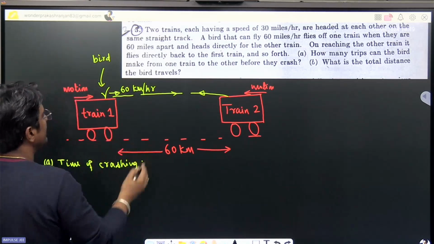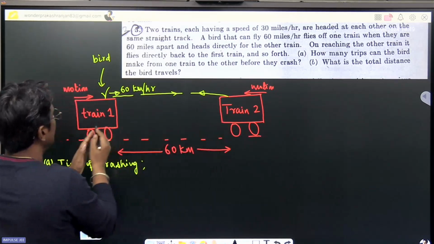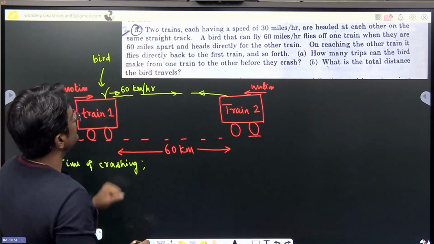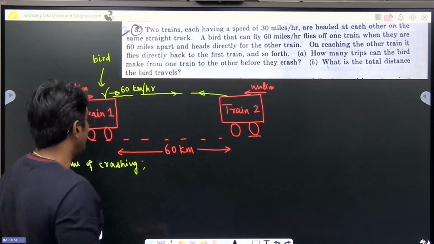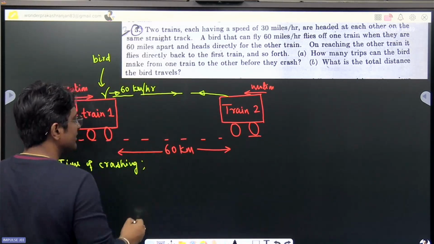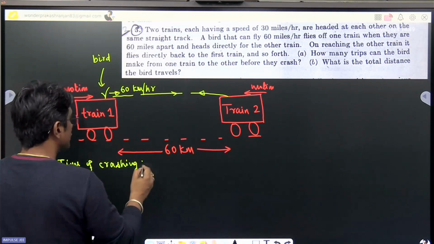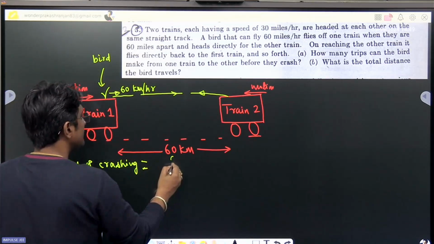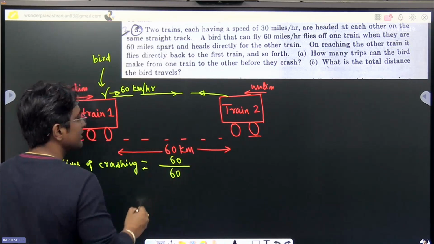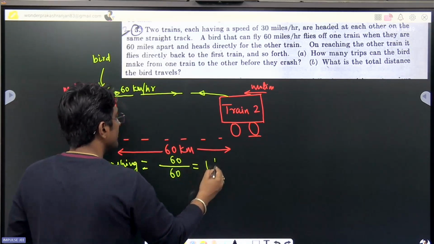So we can say the relative velocity of train 2 observed by train 1 can be written as 30 plus 30, that is 60, and this separation is given 60 kilometer. So crashing time can be written as the relative separation by the relative speed, that is 60 kilometer by 60 kilometer per hour, which is 1 hour.